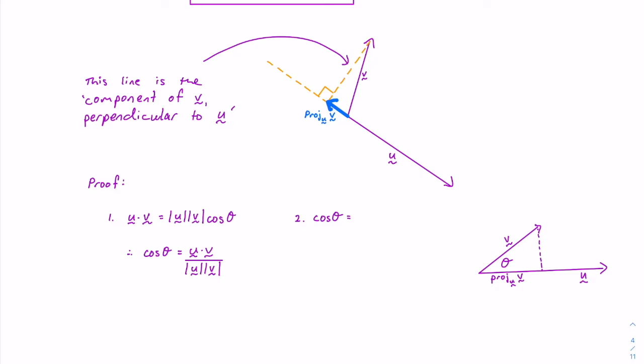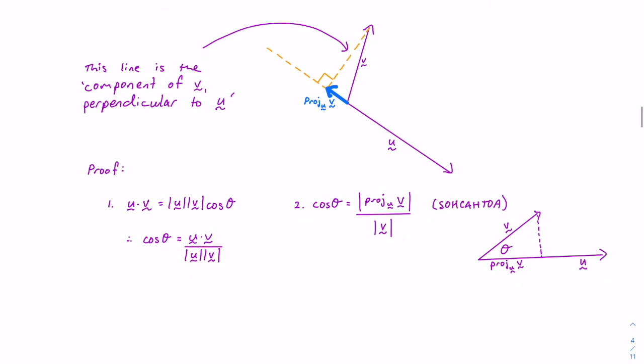We also know, just looking at this diagram here, simple SOHCAHTOA, that cos theta is the adjacent over the hypotenuse, so it's the projection over v. And that's magnitude of each. So the magnitude of the projection over the magnitude of v is equal to cos theta just by SOHCAHTOA.